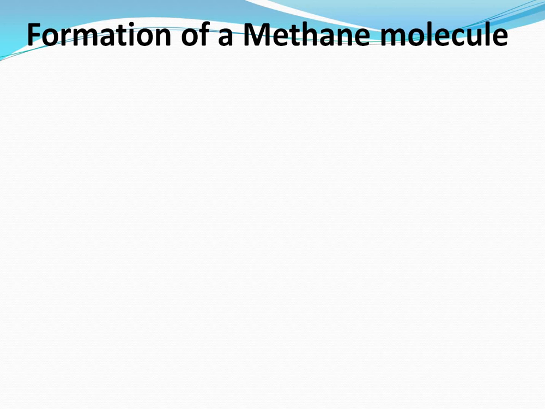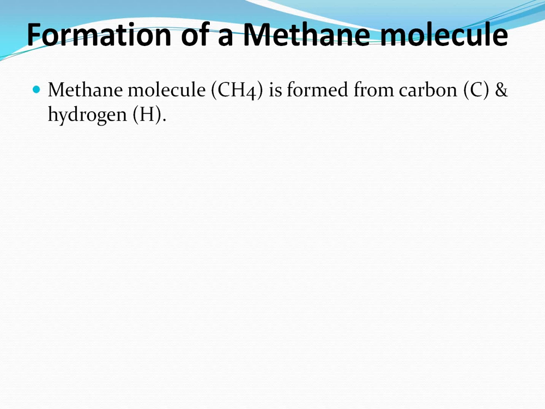For your consideration, now we will take the example of the formation of a methane molecule. The formula of methane is CH4, and as its formula indicates, it contains two elements, carbon and hydrogen.